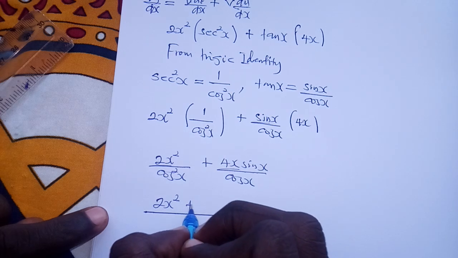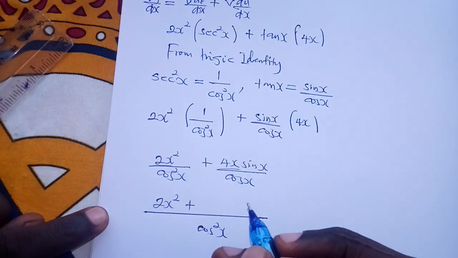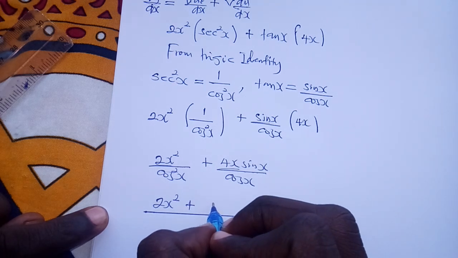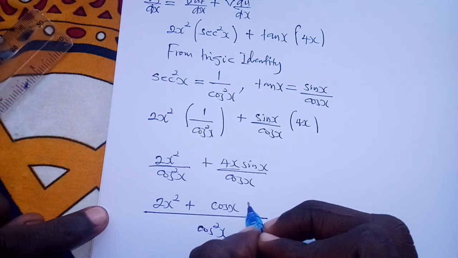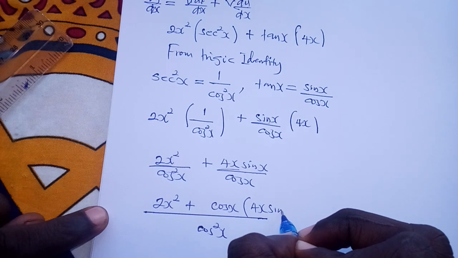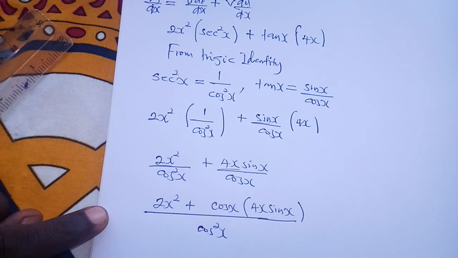Then plus, how many times cos square x goes into cos x? What will remain is cos x, and into this one becomes 4x sin x. This is what will remain.